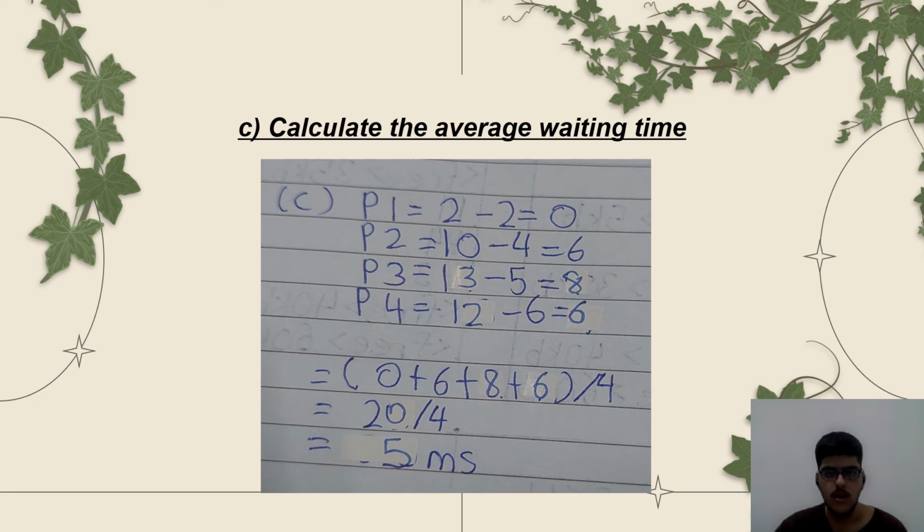P4, 12 minus 6 equals 6. You need to sum all of them: 0 plus 6 plus 8 plus 6, you will get 20. Divided by 4 because there are 4 processes, 20 divided by 4 you will get 5 milliseconds.